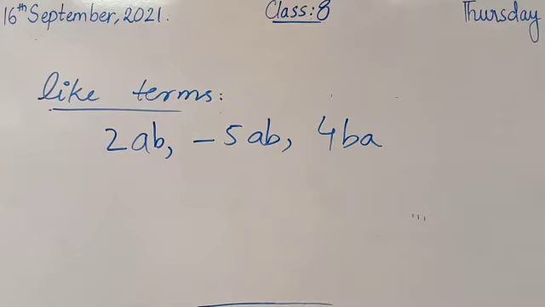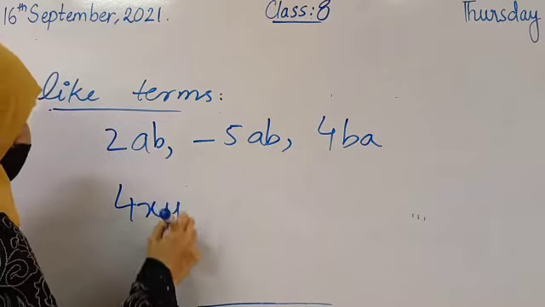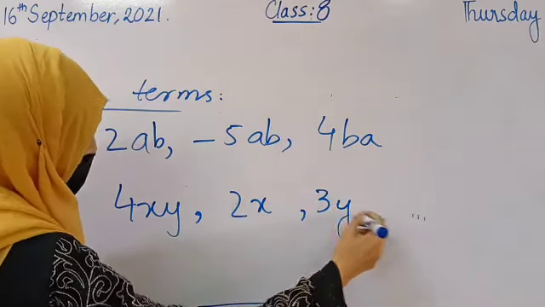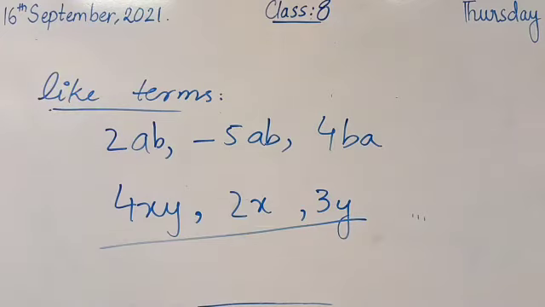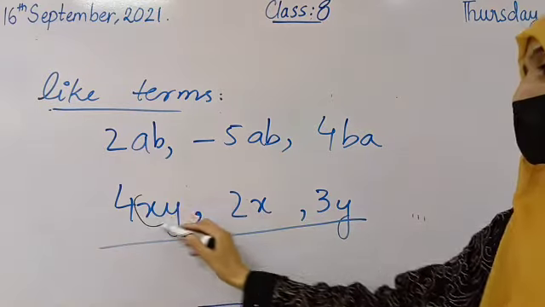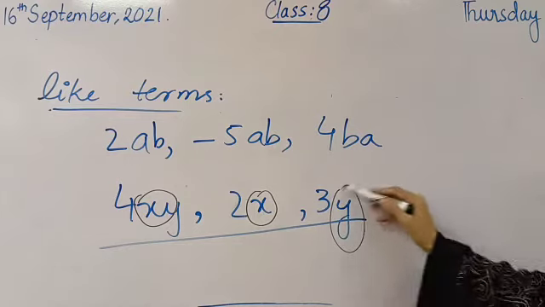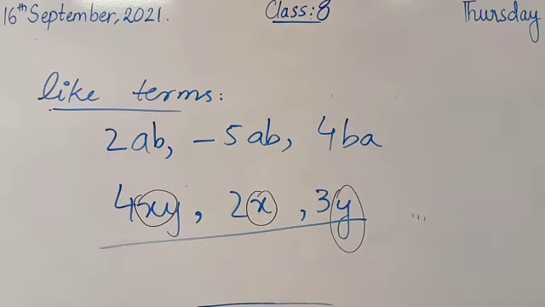So if the terms have the same variable, then they are called like terms. For example, now tell me, 4xy, 2x and 3y. Are they like terms? No. This term contains the variable xy, this contains only x and this contains only y. So they are not like terms.